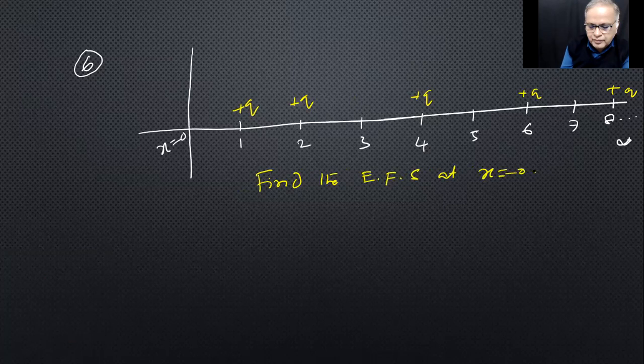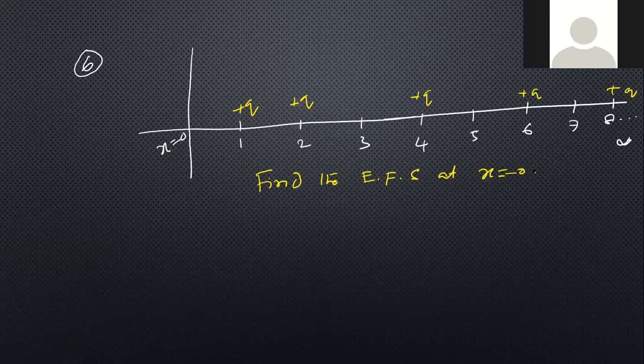So tell me how people will start doing this. Sir, from 2 every alternate one won't have.